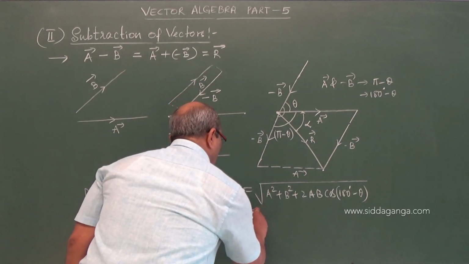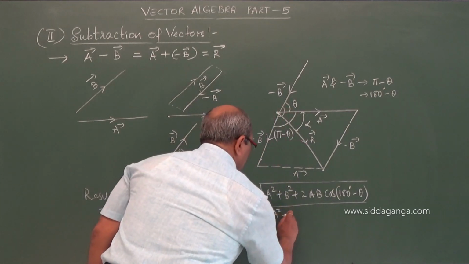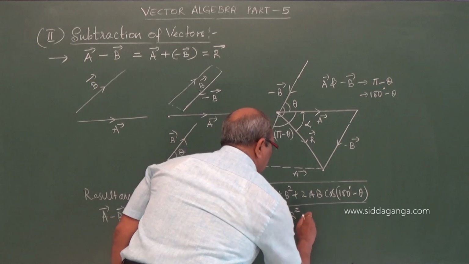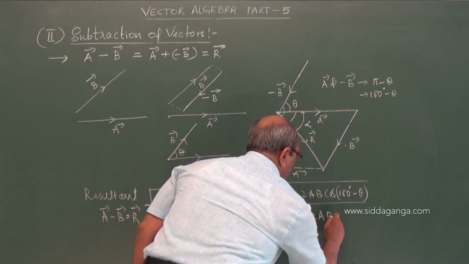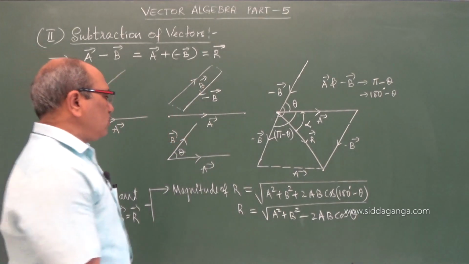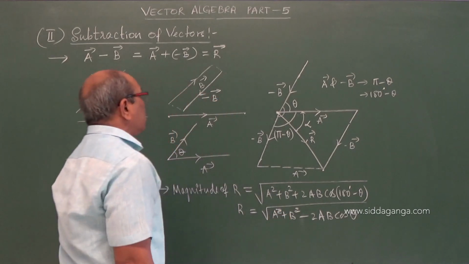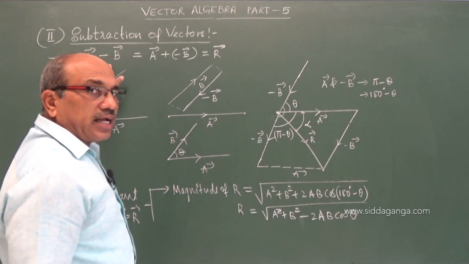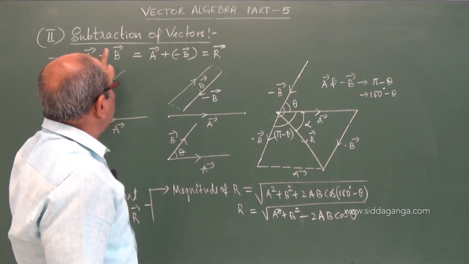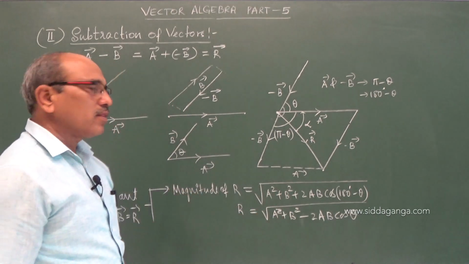Then R is equal to the root of a square plus b square minus 2ab cos theta. This is the expression for the resultant of vector subtraction. When I subtract vector b from a, a minus b is R, whose magnitude is given by this.